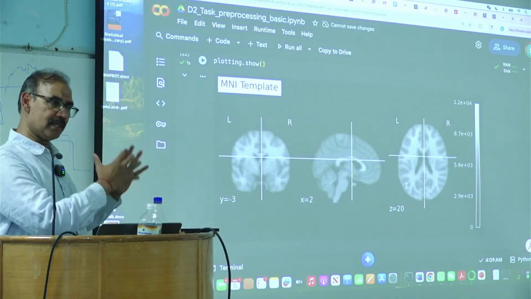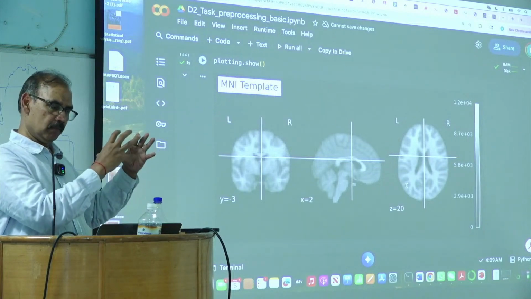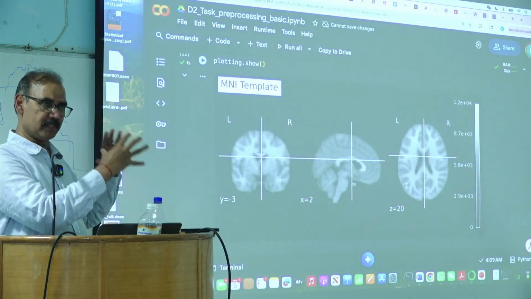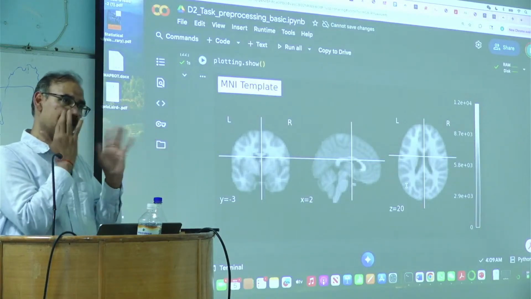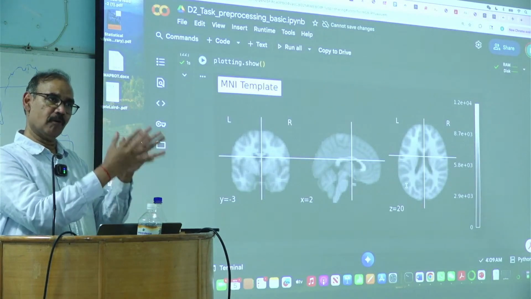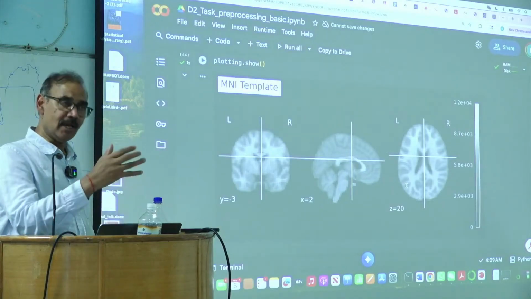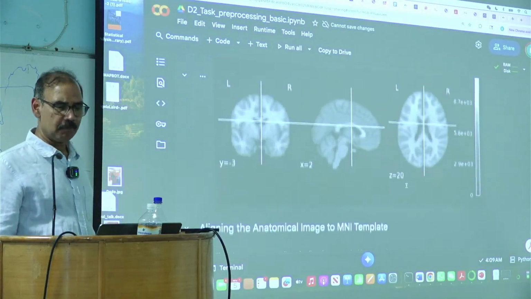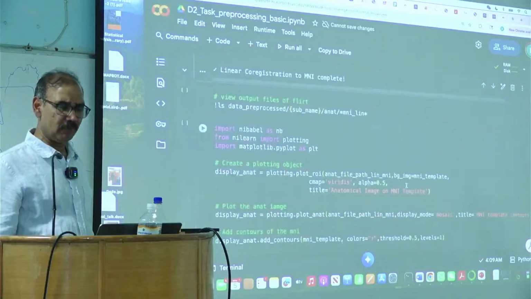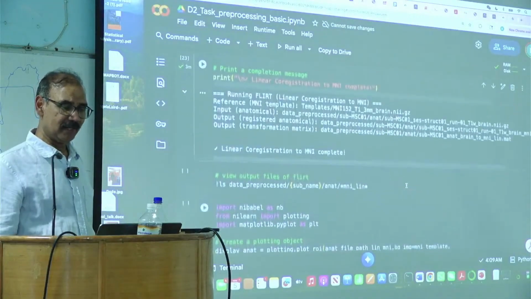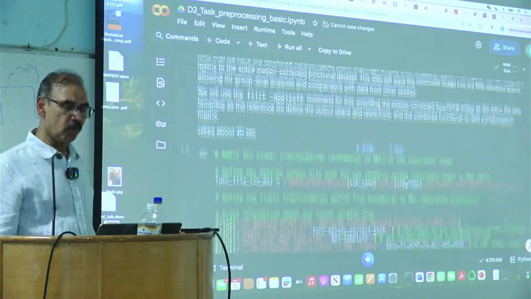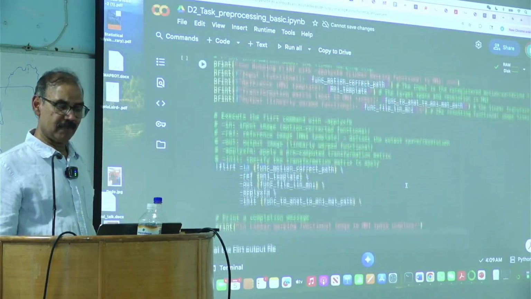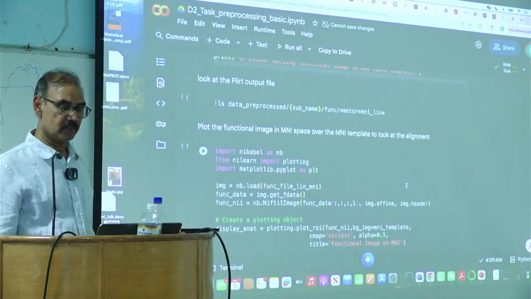So 64 by 64 by 36 is one volume. The next time point is 64 by 64 by 36 again. Unfortunately, there are all these technical jargons which are used. Volume is the same as number of data points.